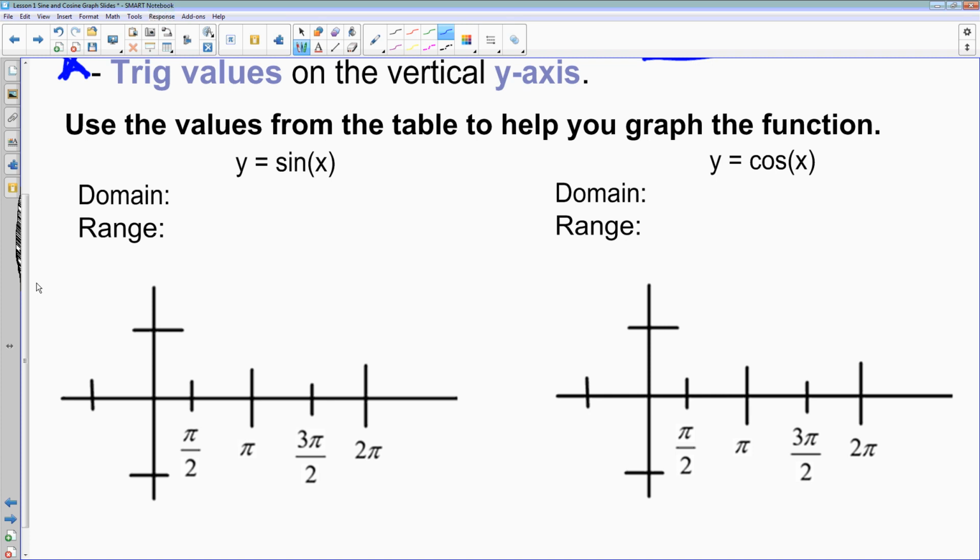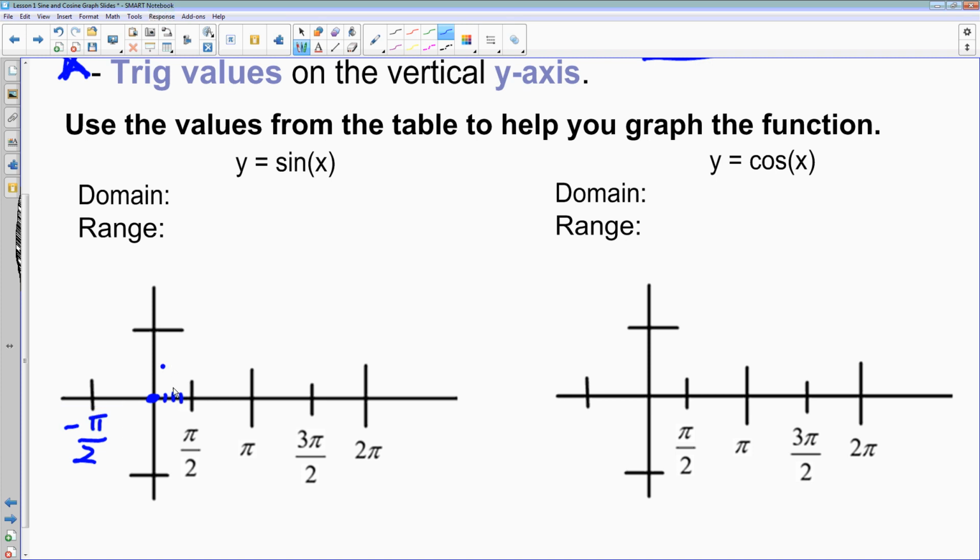So, y equals sine of x. Again, look at the table if you need to, and we'll even extend this out to negative pi over 2, but I'll do that second. So sine of 0 is 0. Okay, and then pi over 6, pi over 4, pi over 3 are in here, and sine of pi over 6 is 1/2.